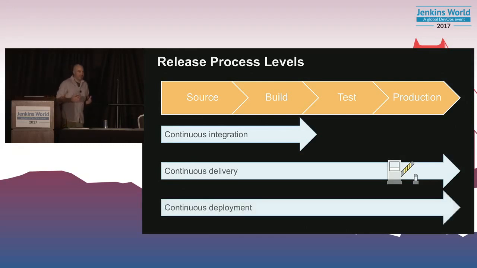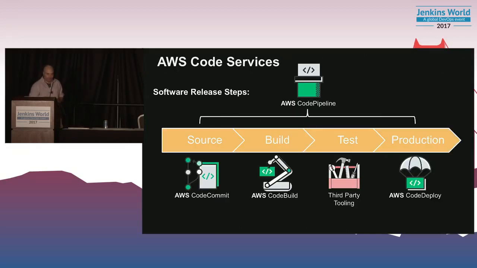But the tough part is getting to continuous deployment, right? You've got to have a little bit of faith there. You've got to have such faith in your deployment, your unit testing, your metrics, your performance, and your security testing that you're okay with checking in code and having it go straight to production. So that's always a tough place to get. It's certainly feasible, it just takes quite a few resources.